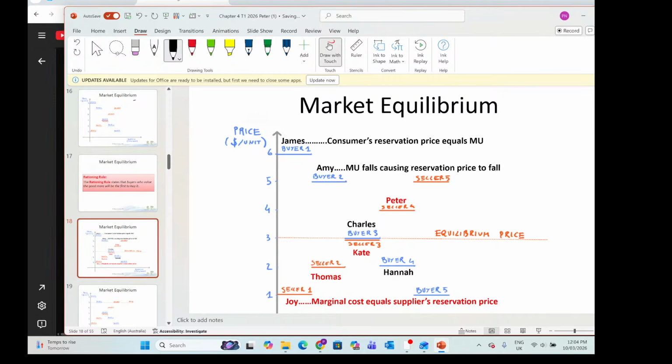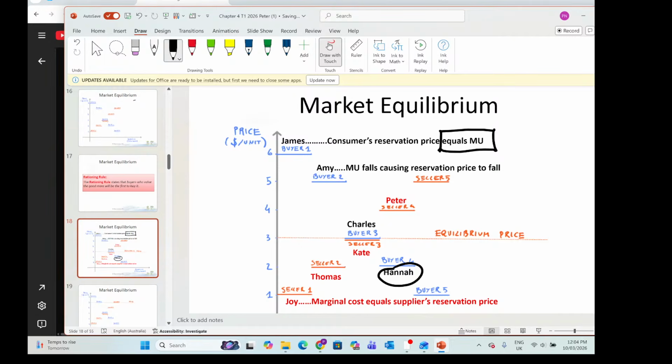Why does James have a higher reservation price, for example, than Hannah? Well, two things. One is maybe the product gives James more marginal utility. Maybe James really loves the product more than Hannah loves the product, so he's willing to pay more for it.